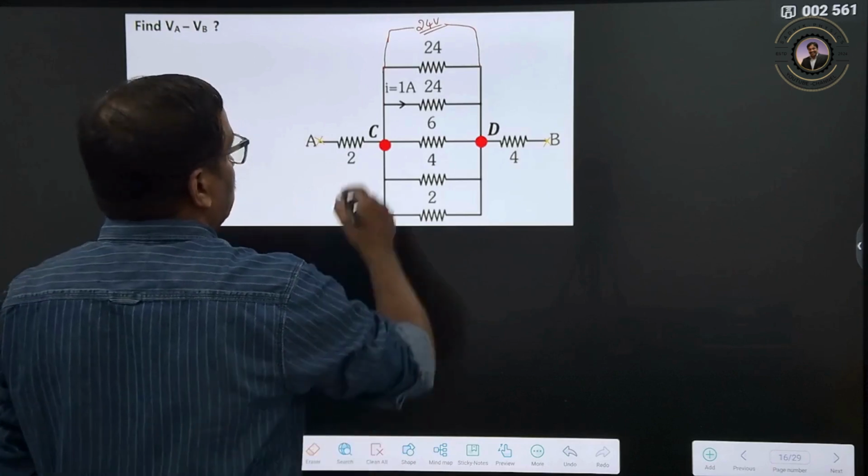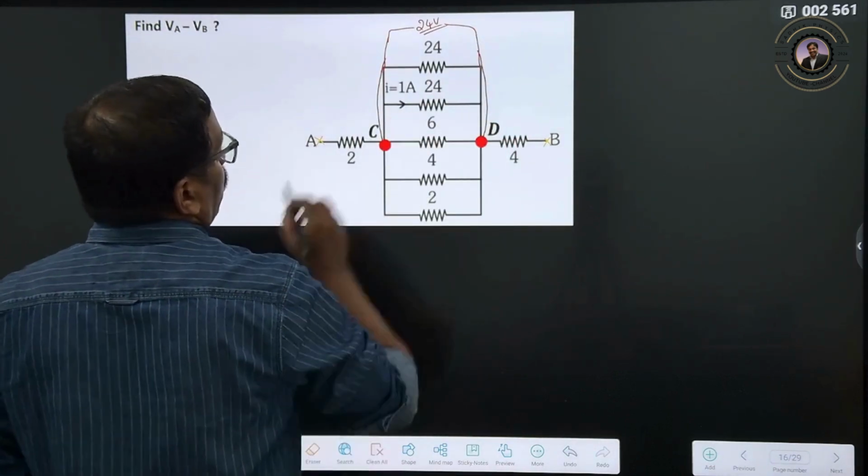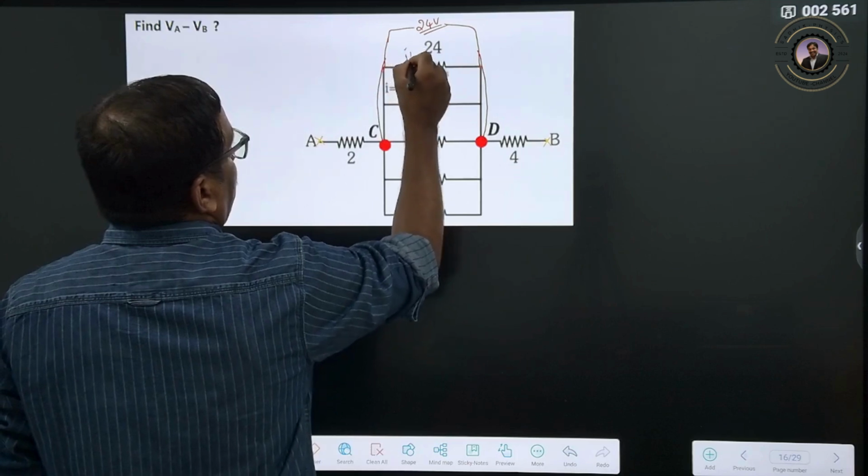You understand the potential difference across this one? So 24 volts, and here also 24 volts, and here also the current will be 1 ampere.